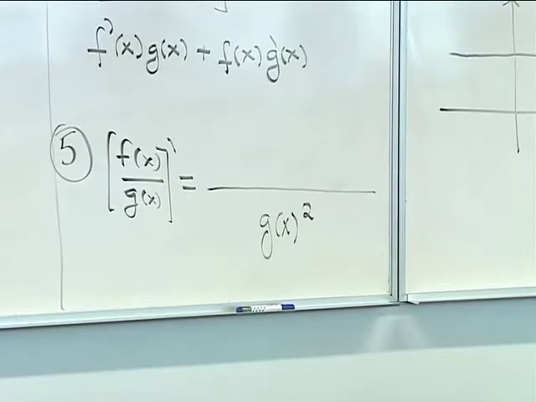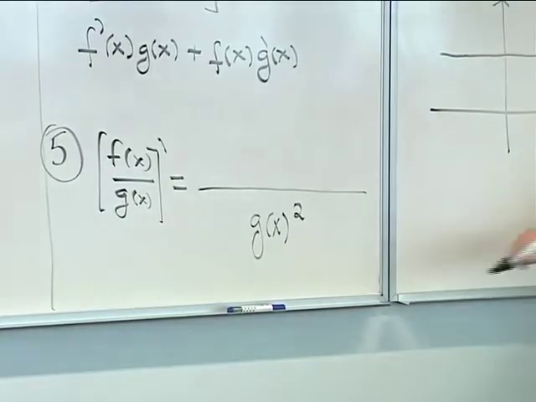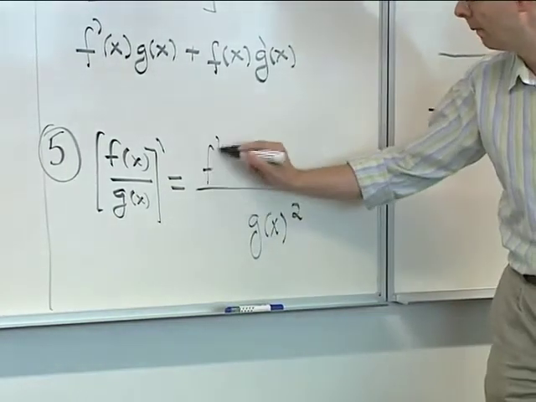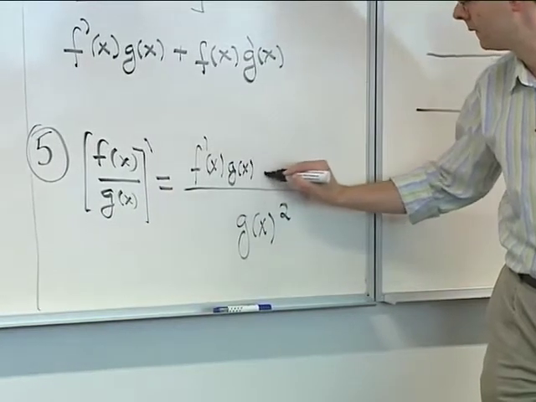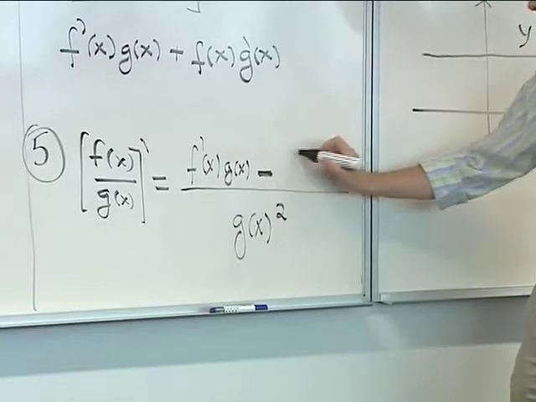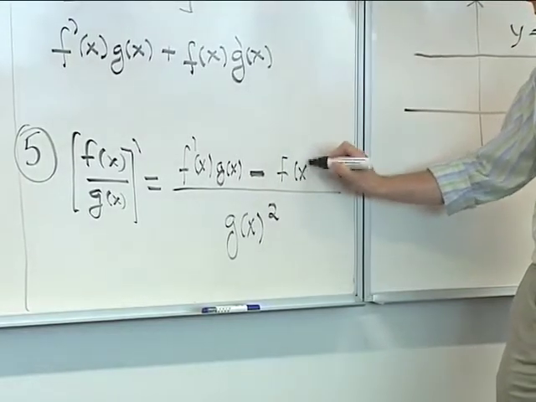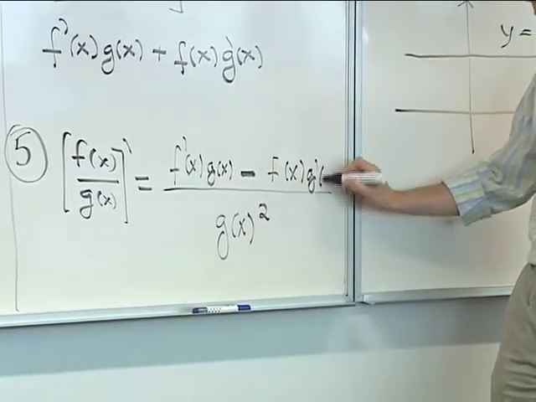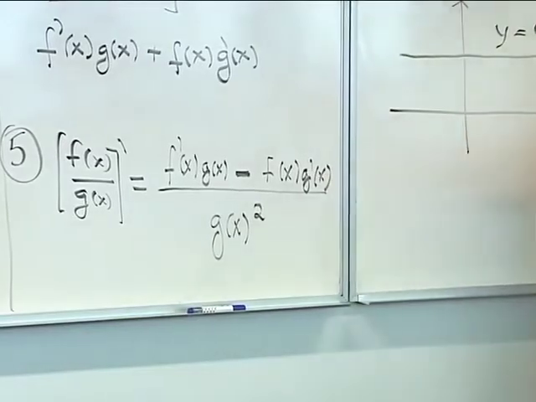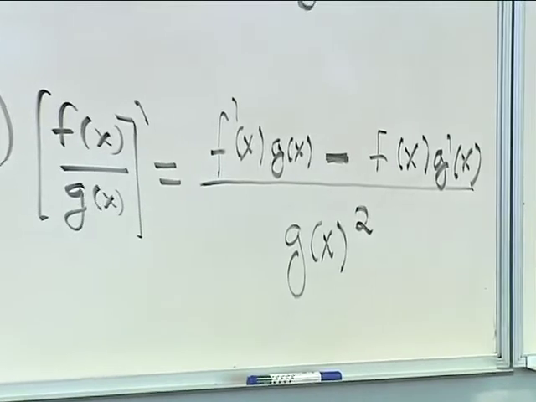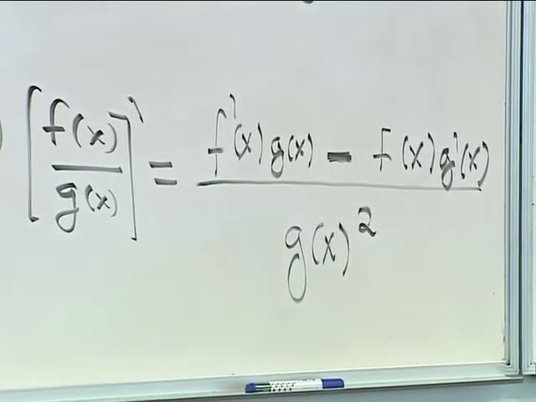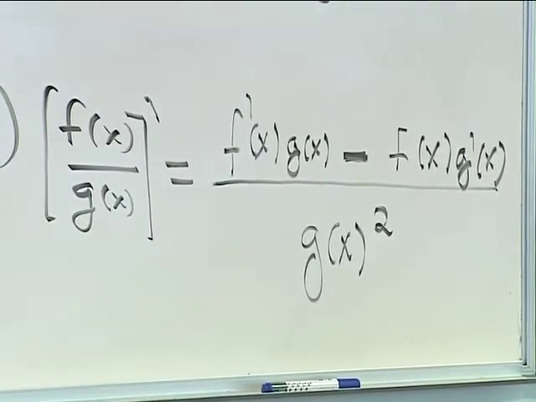Just square the denominator. And in the numerator, this is what you place. Take away, right? And I'm going to let you verify the claim that, again, something more complicated is being written in terms of something simpler.